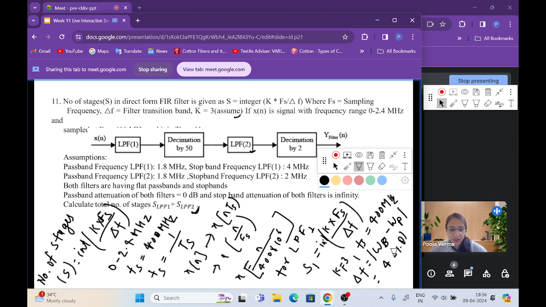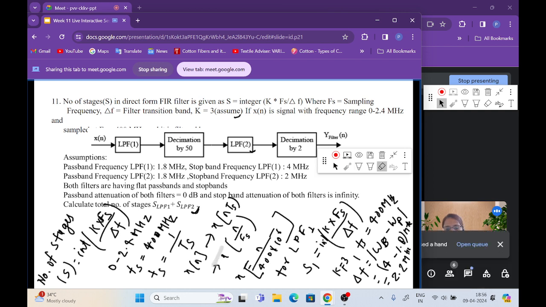How much will we get? That is 2.2 megahertz, right? So the transition band for low pass filter 1 is 2.2 megahertz. I hope all of you noted down till here. So I am removing till here in order to write.